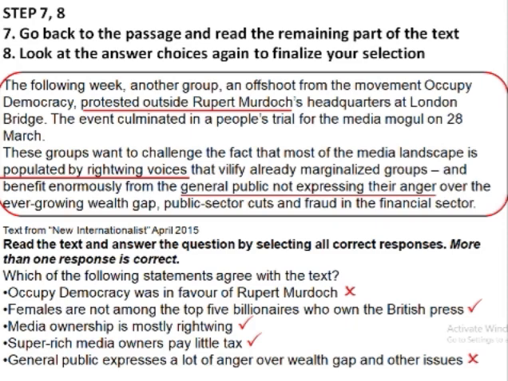So media landscape is populated by right-wing voices. Yes. So the third choice is correct. And then in the next line we can see general public not expressing their anger. It means the last choice given, general public expresses a lot of anger, is also wrong. So we can see that three choices B, C and D are correct in this example.